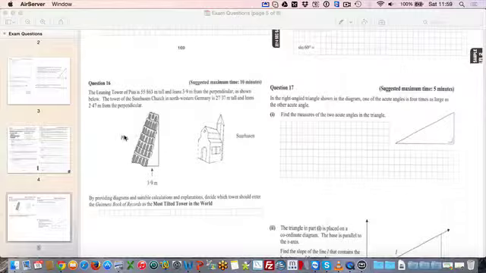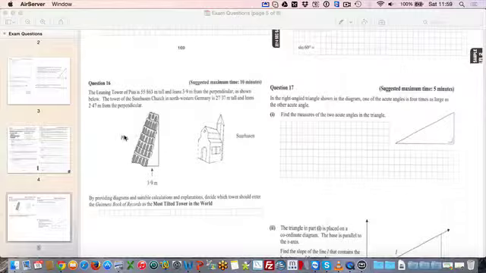The tower of the Suurhusen Church in northwest Germany is 23 meters tall and leans 2.47 meters from the perpendicular. By providing diagrams and suitable calculations and explanations, decide which tower should enter the Guinness Book of Records.